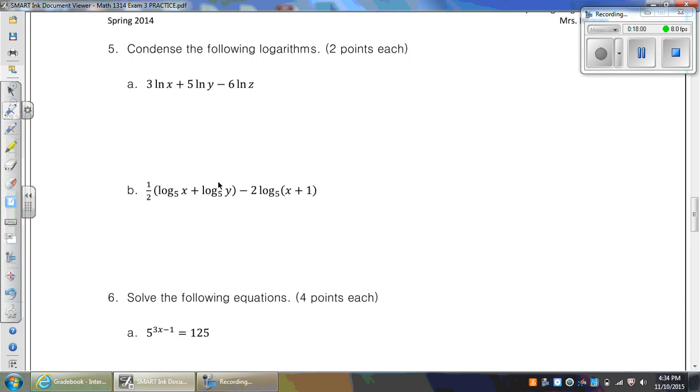Okay, next one. Now we're going to condense. So we're going to go from several logs to one log. And I cannot stress this enough. Your answer, please write this down.